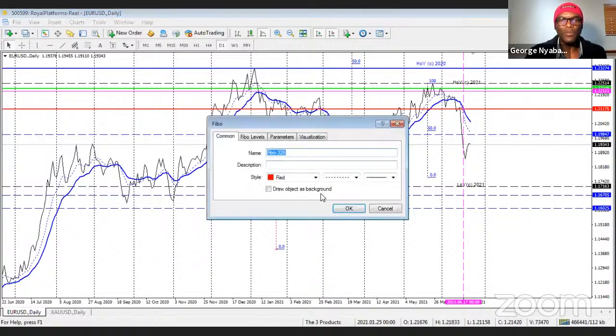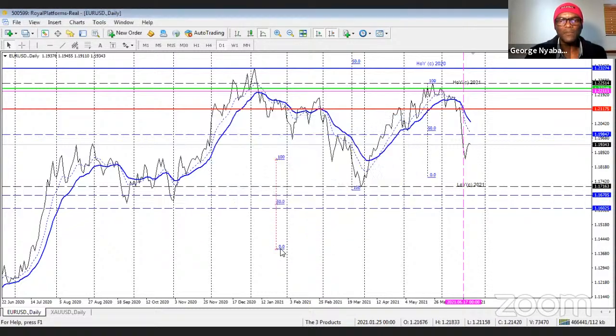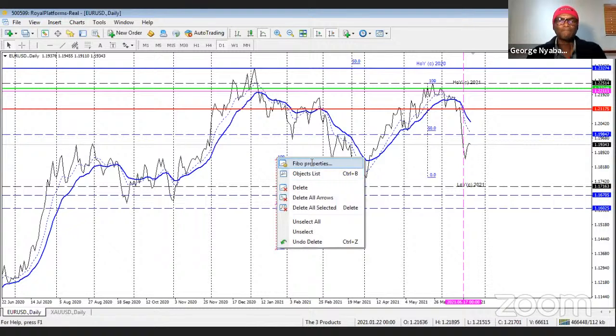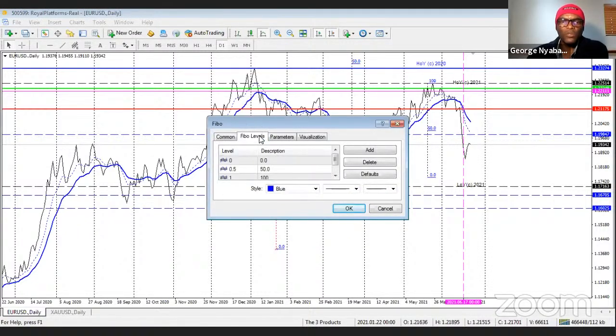Go back to Fibo. So right click on one of the dots. I just use the bottom one, Fibo properties. Then you go to Fibo levels. What you want to do with the Fibo levels is delete everything except the 0 level, 50, and the 100.